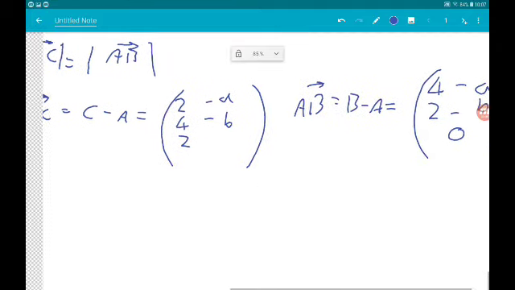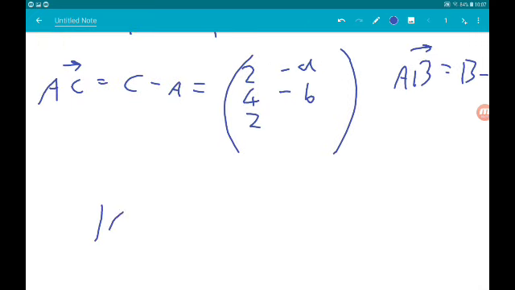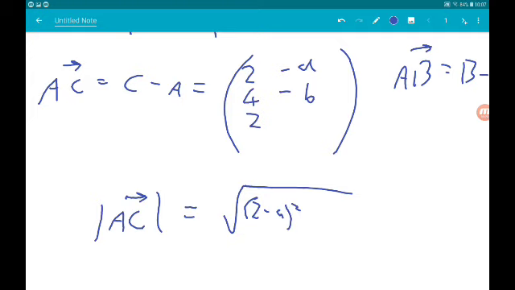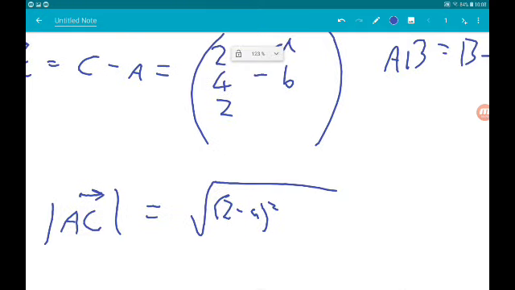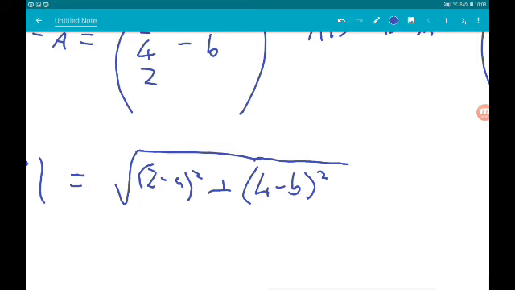Okay, so the magnitude of AC is the square root of (2 minus a) all squared, add (4 minus b) all squared, add 4. So that's all square rooted.